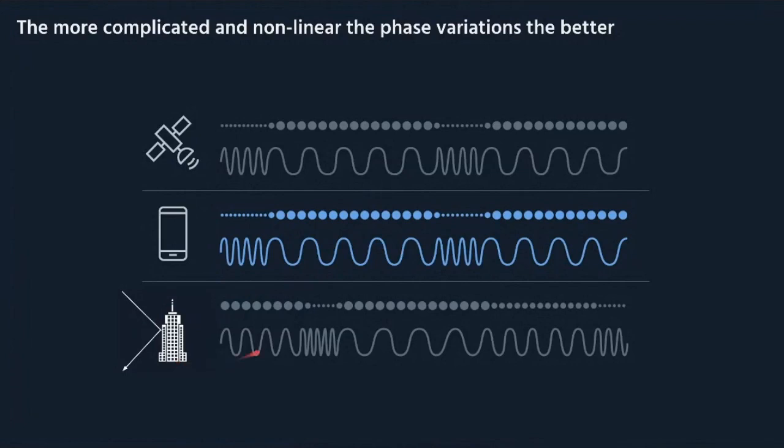So the pattern of Doppler shifts caused by your motion as you move through a city causes the line of sight signal pattern to be subtly different compared to the one that has bounced off a building. And this is what supercorrelation does.